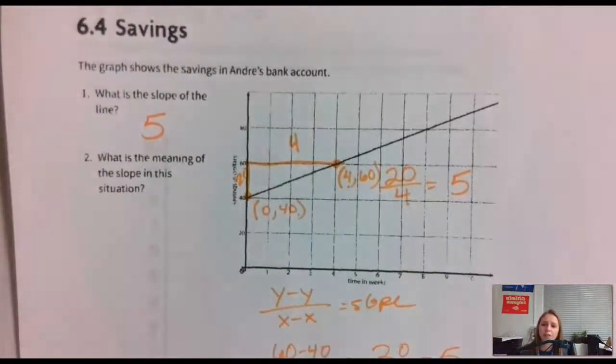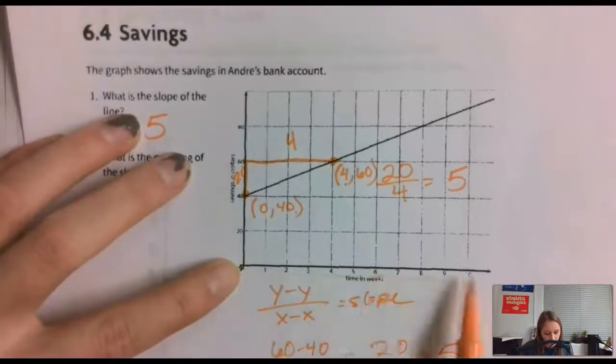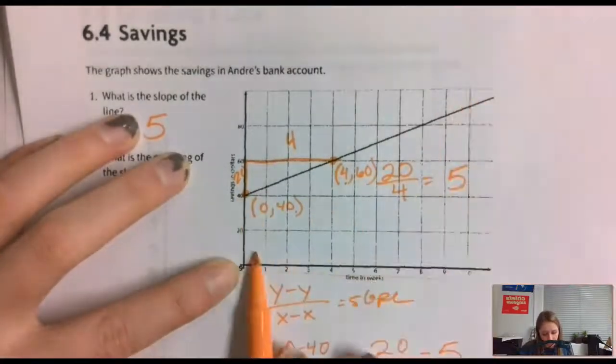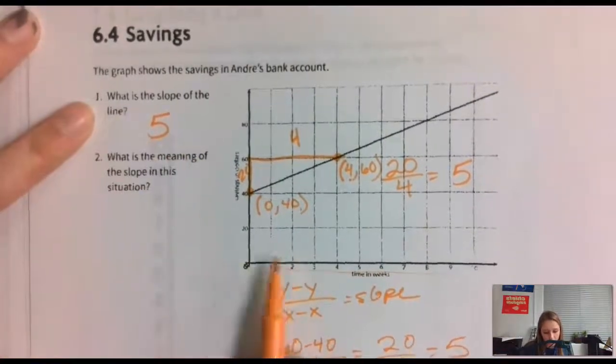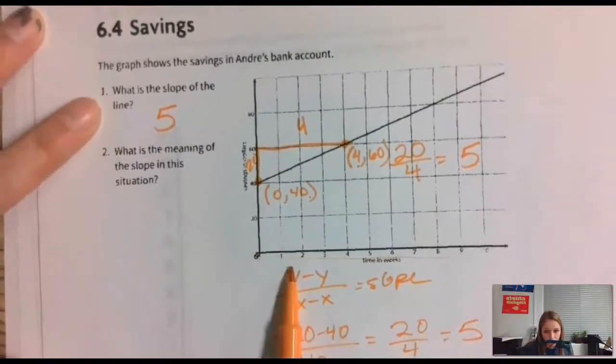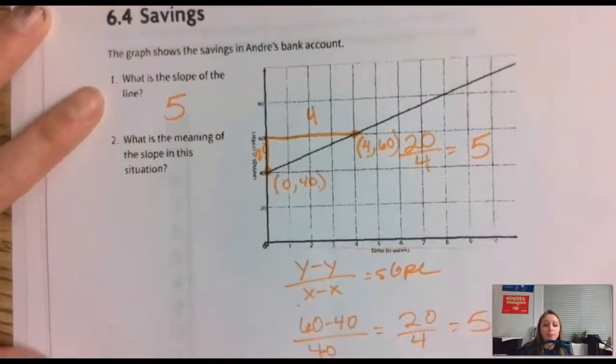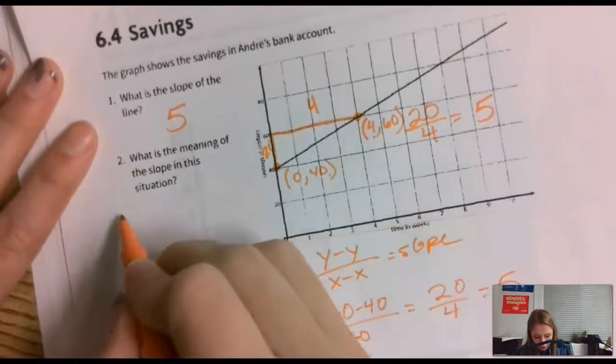Now it says, what is the meaning of the slope in this situation? Well, it's talking about Andre's bank account. And so let's see what happens. So each week it's increasing here. And that's how much money. So if we just found our slope, that means for every 1 week, his bank account goes up $5. Okay?